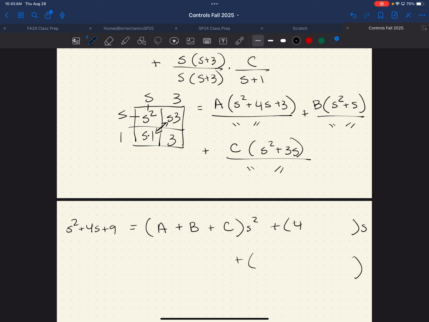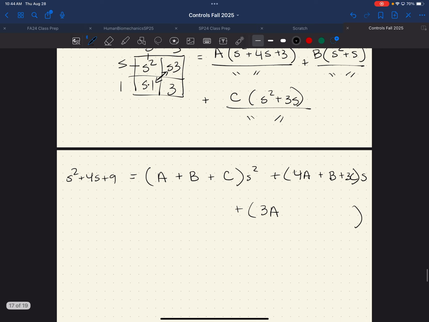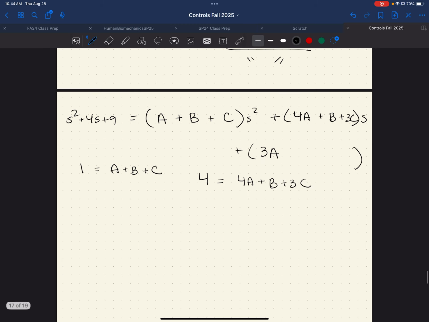The s's would be 4a plus b plus 3c, and the constant should be 3a, and that's it. Is that right? Okay, so now our three equations are 1 equals a plus b plus c, 4 equals 4a plus b plus 3c, and our last equation is 9 equals 3a.